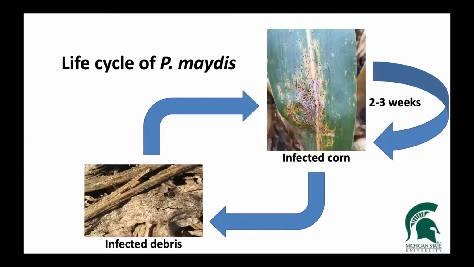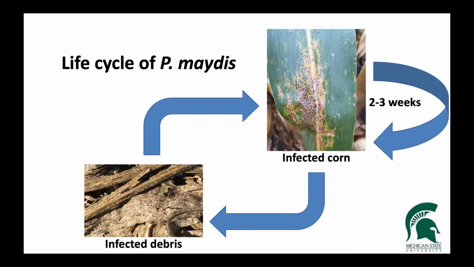So the basic life cycle of this: at this point, we don't know of any other host besides corn. Although there are other Phyllachora fungi on other grasses and hosts, this one seems to be specific to corn. Under moist, warm conditions, it takes about 2 to 3 weeks to complete the fungal life cycle from initial infection to produce another generation of spores.